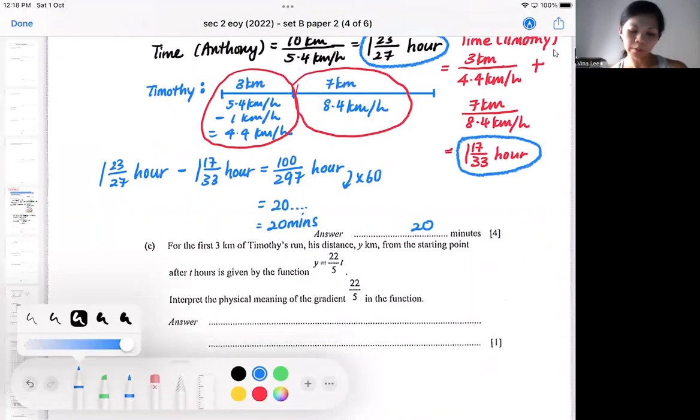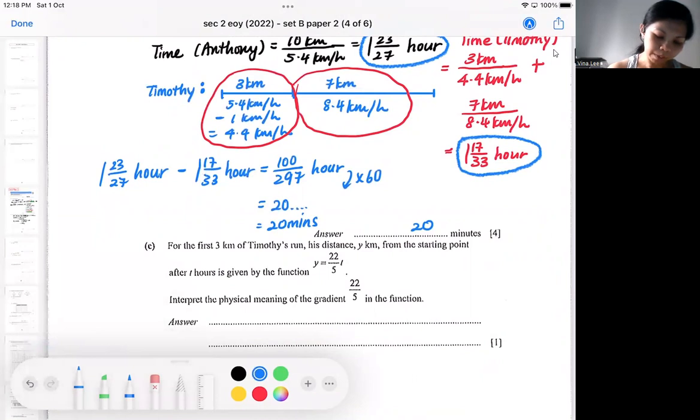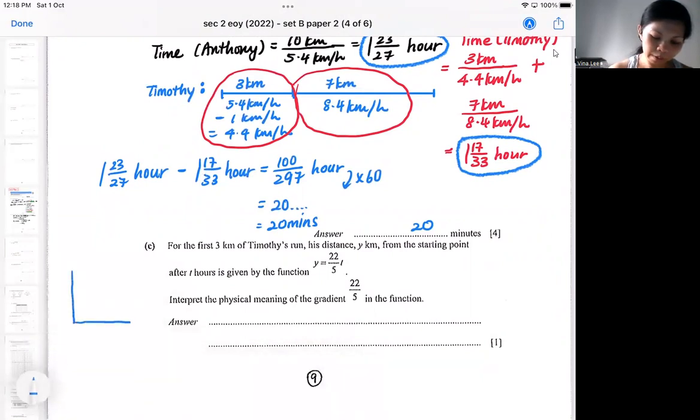The description is for the first 3 kilometers of Timothy's run, y kilometers versus t hours. So they are going to draw a graph based on Timothy's first 3 kilometers, and they actually got a straight line.